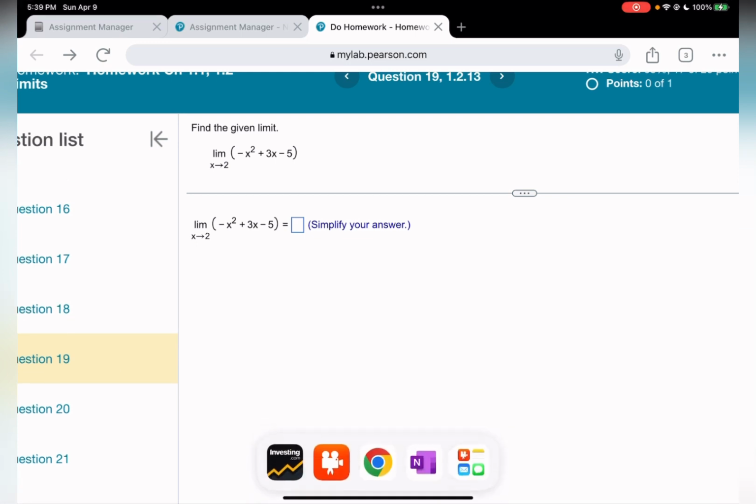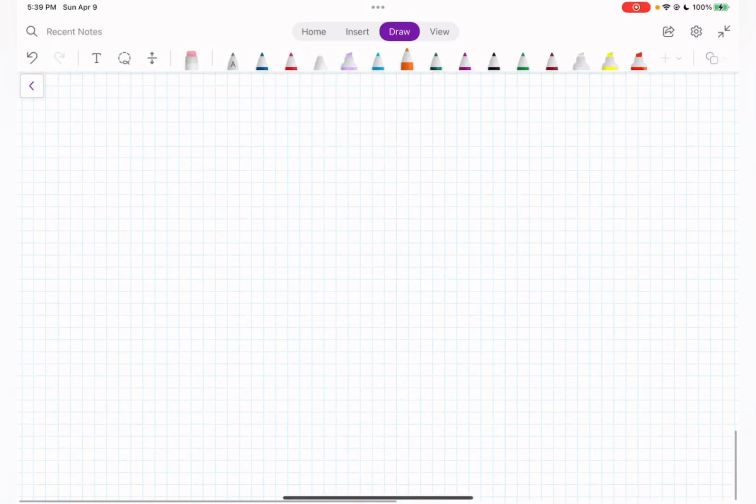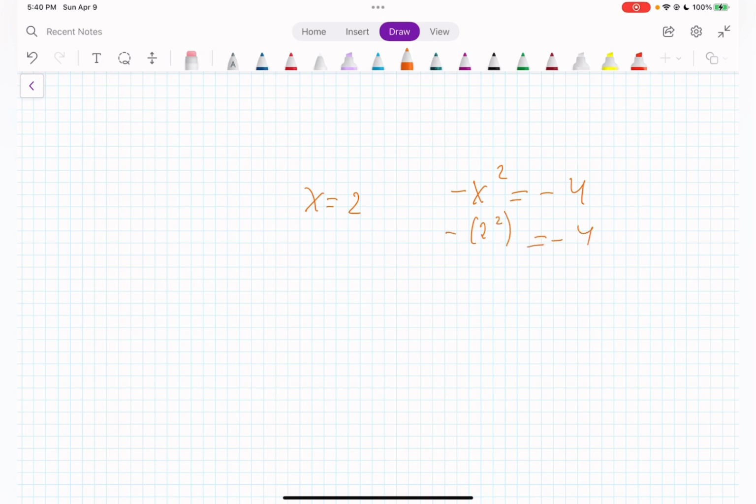One thing is very confusing for students, so I'm going to remind you from algebra. When x is equal to 2, if I have negative x squared, it's going to be negative 4, because it's negative of 2 squared. But if x is equal to negative 2 and I have negative 2 in parentheses squared, that would be a different story, that would be positive 4, you see?